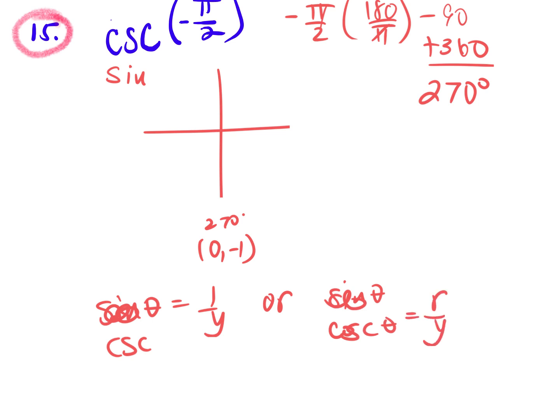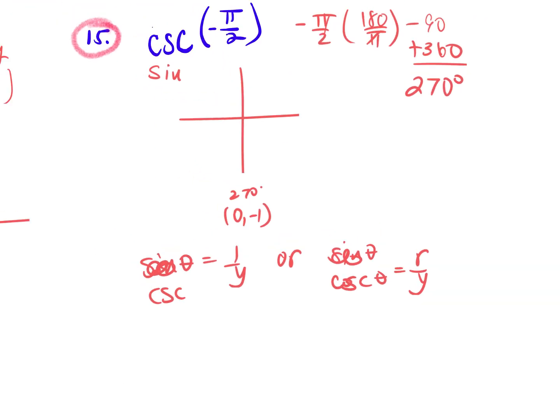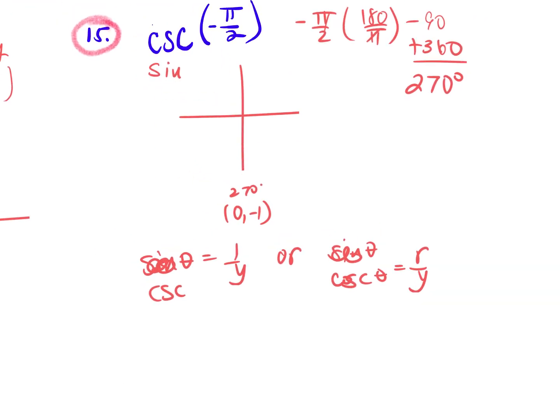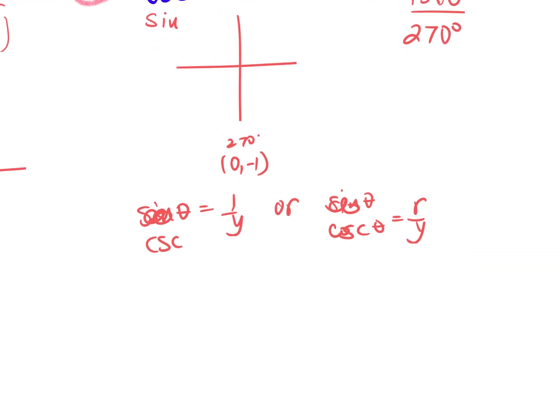Why can I use either one of those interchangeably? Because it's the same thing. Since we're on the unit circle, your r value is 1. So my value is 1 over negative 1, which equals negative 1.